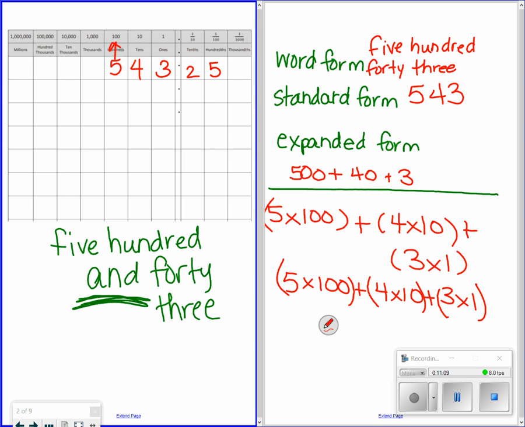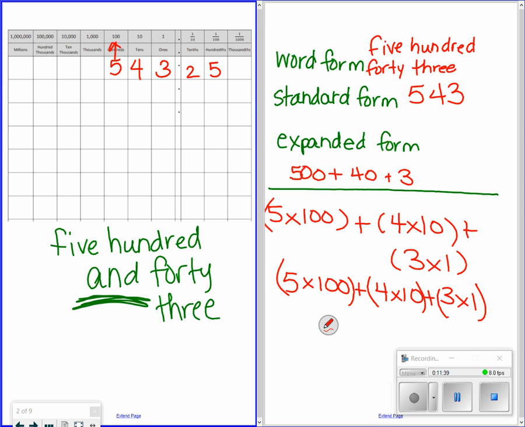If you use your place value chart, are you going to write it? Okay. So, word form, again, is how you say the number. So when you're reading something that has a decimal, you read the number in front of the decimal, 543.